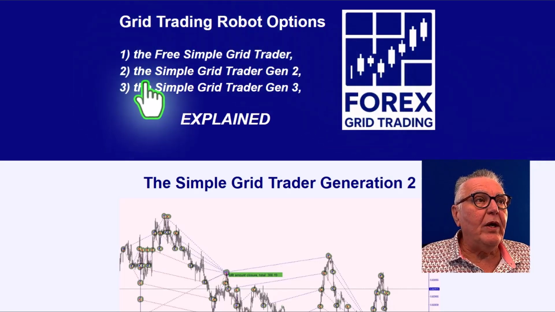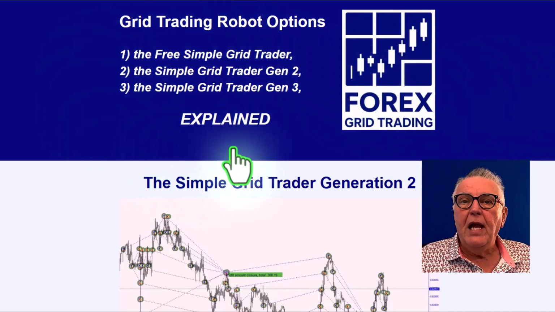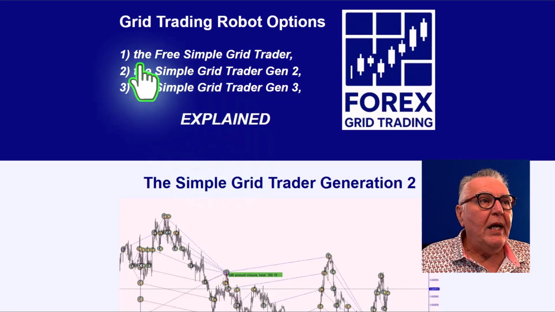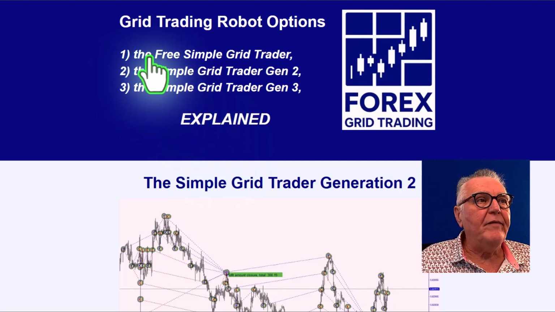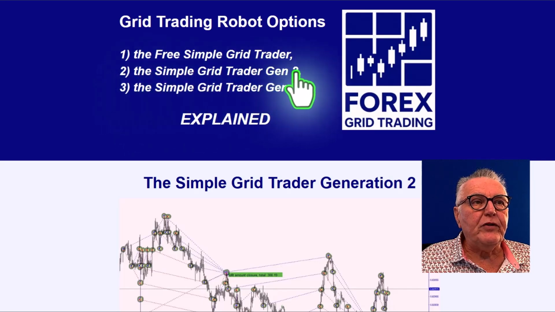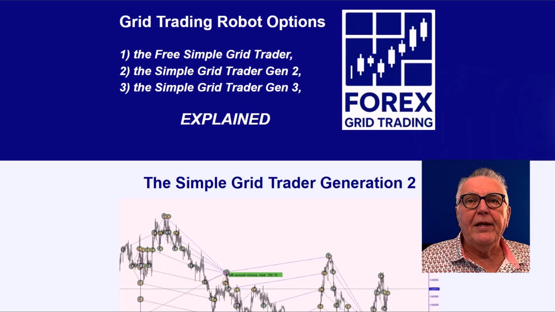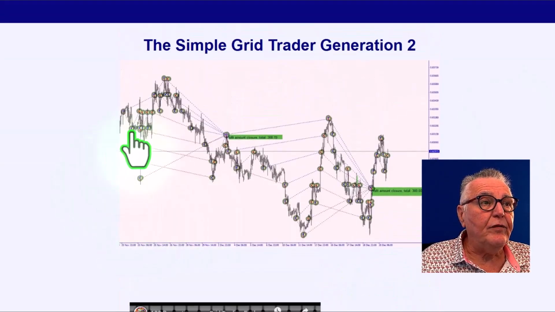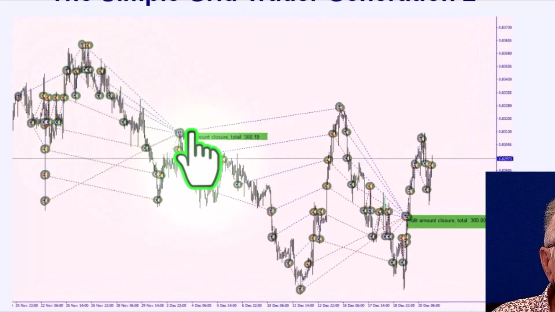Okay, now the most important thing: where can you get these EAs and the free versions of these EAs? And here we are on the web page, and a link to this web page will be in the description of the video, as well as in the first commentary. So this web page covers the free EA, the generation 2, and the generation 3. And this generation 2 picture over here is a little bit easier to follow because it shows you the basket closures a lot easier.